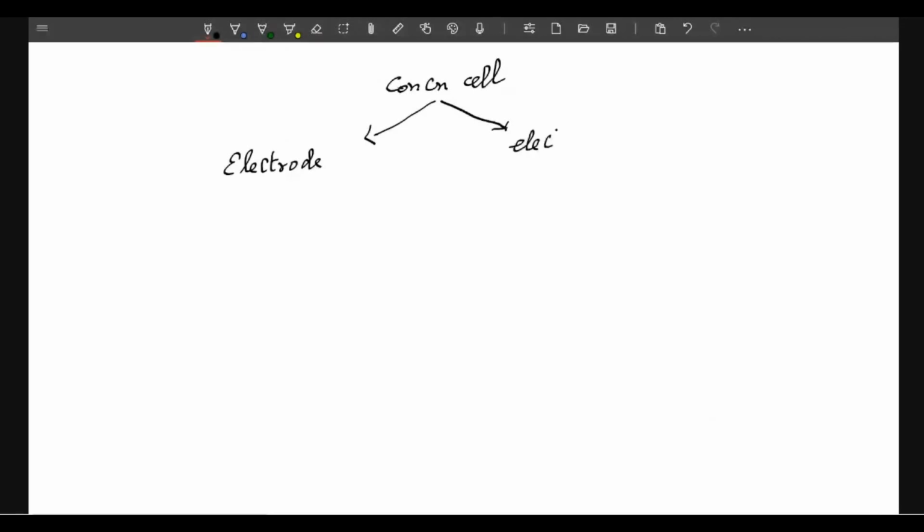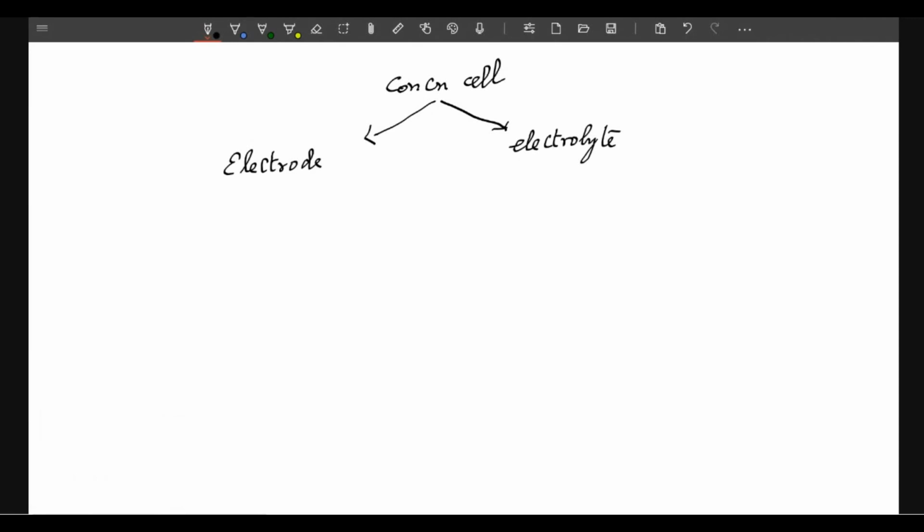Another is the electrolyte concentration cell, and the name itself indicates that the electrodes have the same activity, but the electrolyte has different activity. That is the difference between the electrode concentration cell and the electrolyte concentration cell.